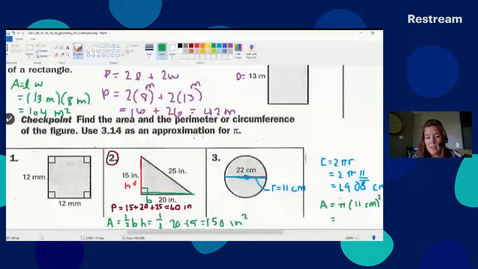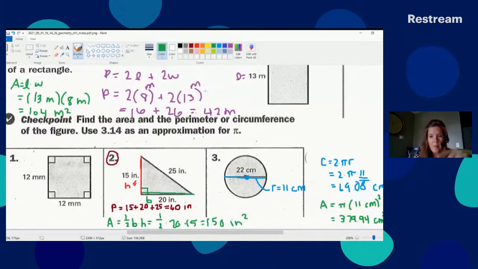Multiply that by 3.14, and you end up with 379.94. What are the units on the area? Well, it's centimeters times centimeters, so it's centimeters squared.